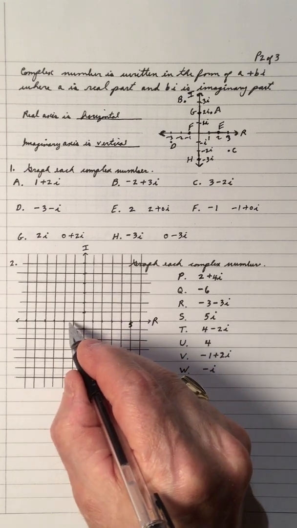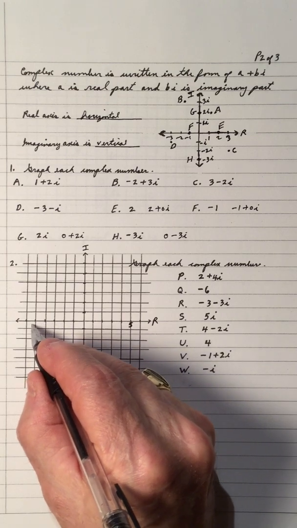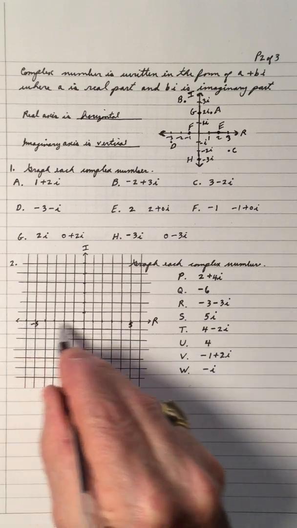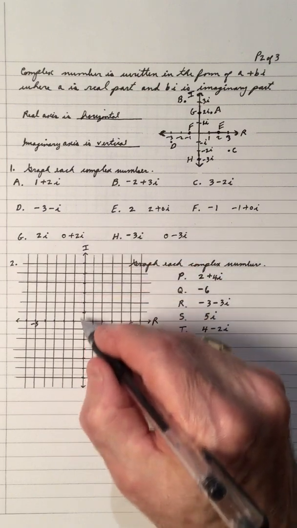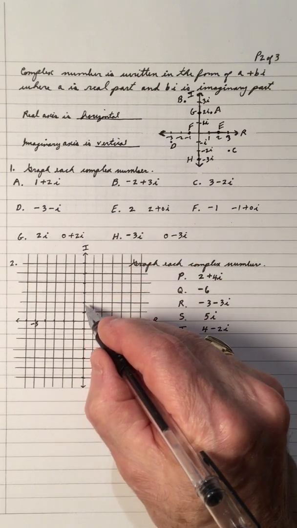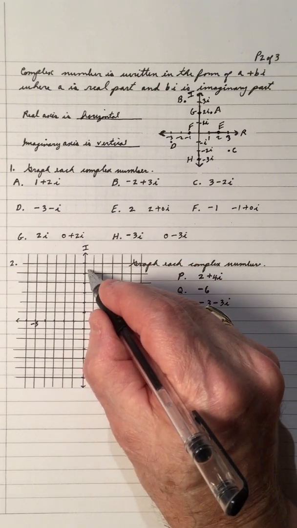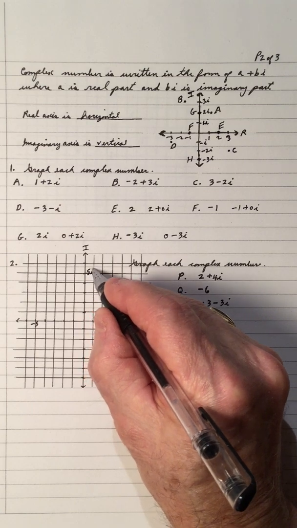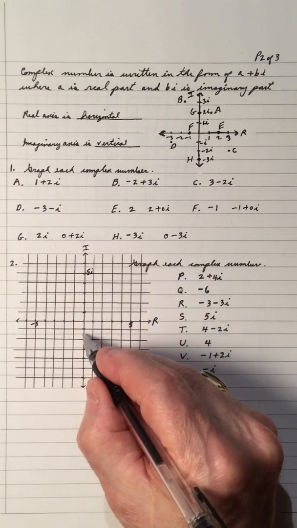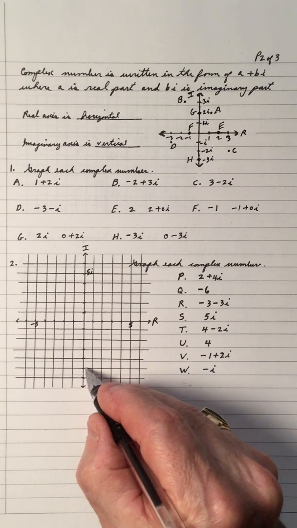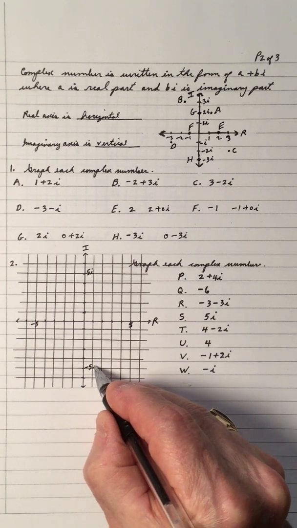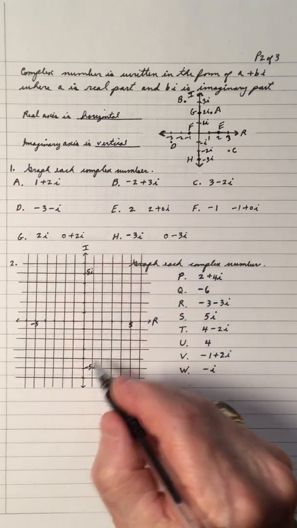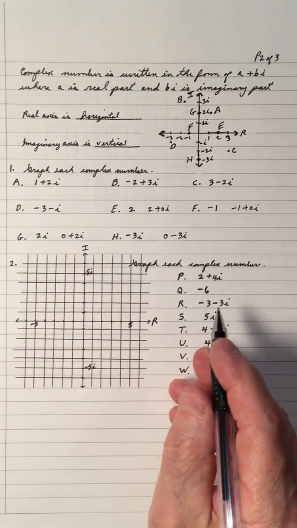And this one is -1, -2, -3, -4, -5, because this is the real axis along here. Imaginary axis, this is 1i, 2i, 3i, 4i, 5i. And as we go down, -1i, -2i, -3i, -4i, -5i. Again, imaginary has the i's, reals don't have them.